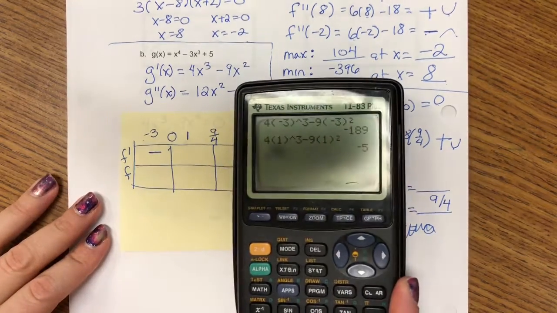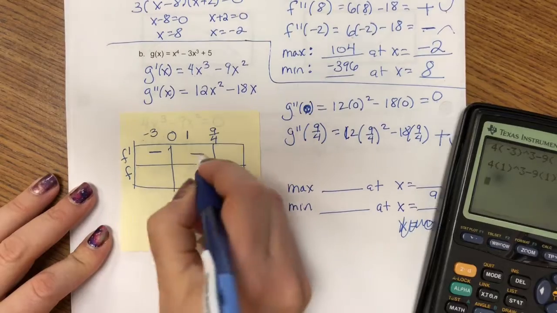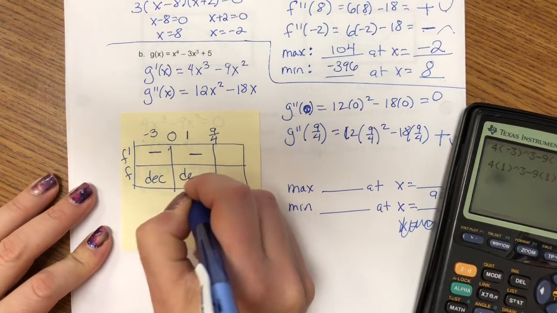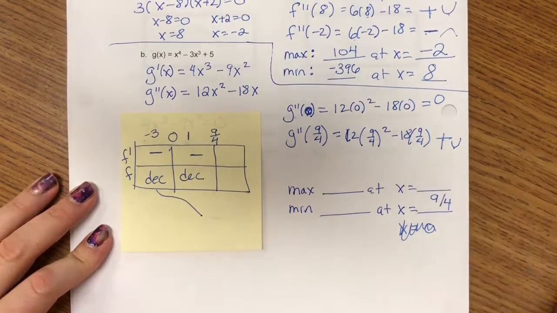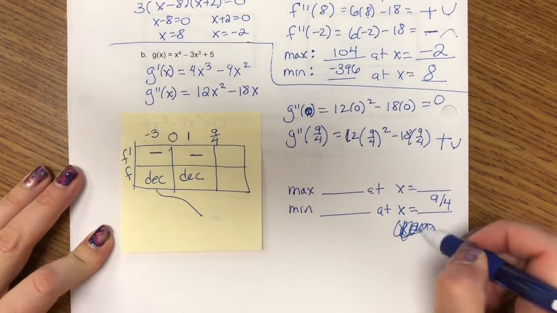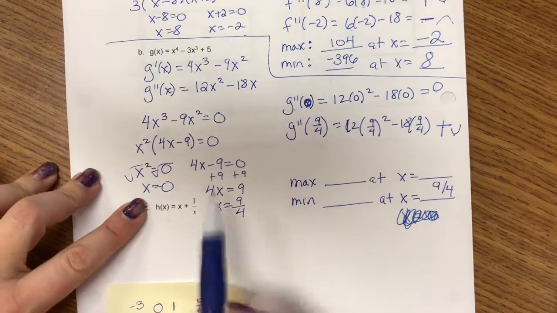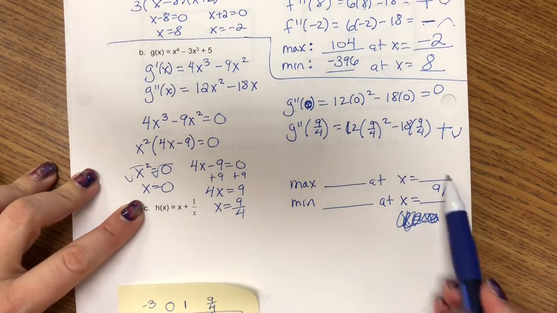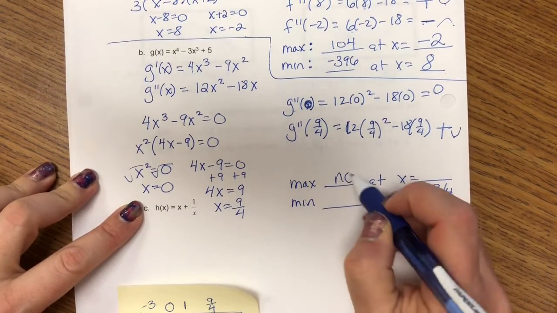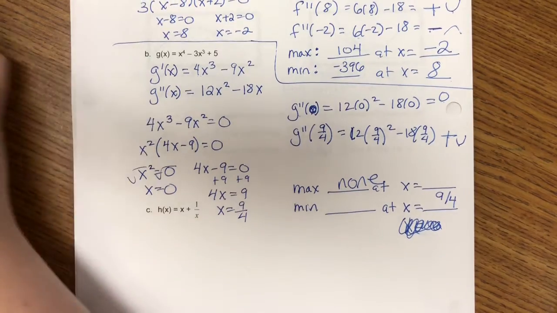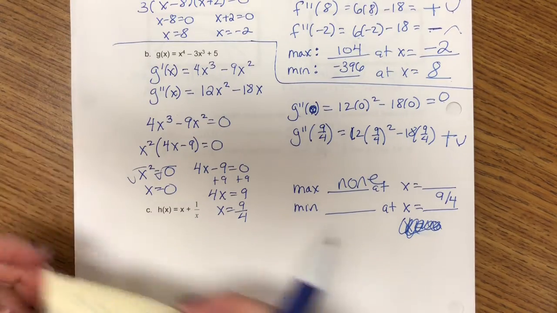Sorry, there's a glare. Still negative. So that means decreasing to decreasing. So not a max or min. Sorry, I hadn't written this down here. So x equals 0 is a critical value, but not a max or min. So there is no maximum. Let's find the minimum.